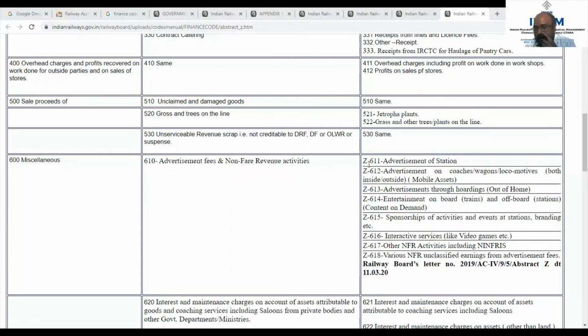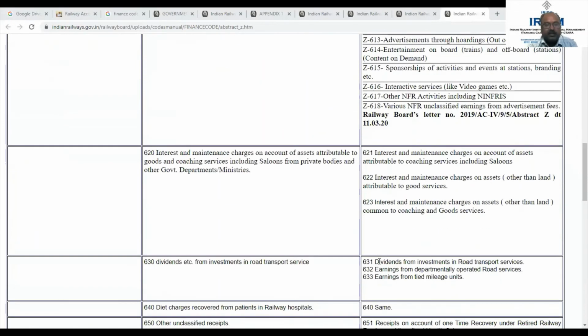Entertainment on board and off board, sponsorship activities or events at stations, and NINFRIS, that is a new initiative, Non-Fare Revenue Idea Scheme. This is very important. And interactive services and various NFR unclassified earnings from advertisement fees. That is the Z618. This is important.